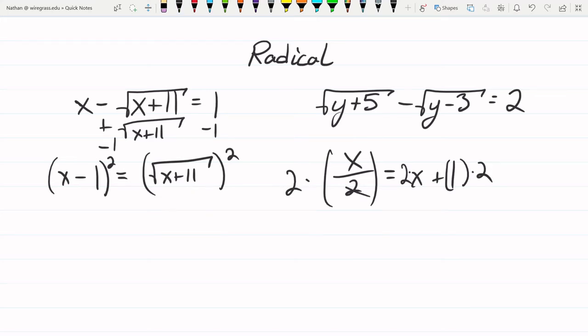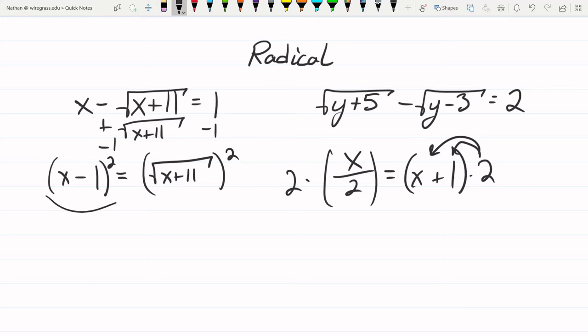The reason why it can do that is because what you're actually doing here is multiplying everything by 2, but multiplication is distributive. And so it essentially is the same thing as multiplying everything by 2.